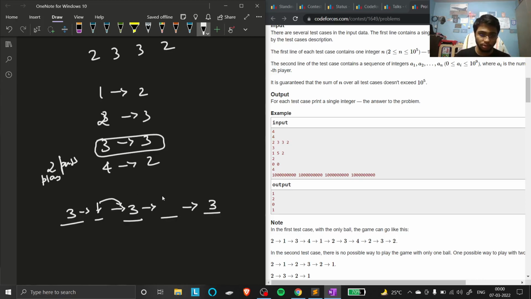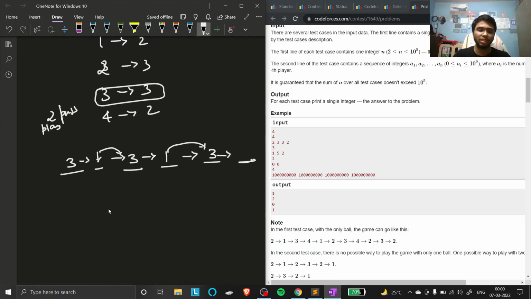And for him also, again he will pass to that guy, and again that guy should pass to someone. Fine. And after that he could pass to someone else. It doesn't matter. After that also he can pass to someone. Fine. So what is the condition?